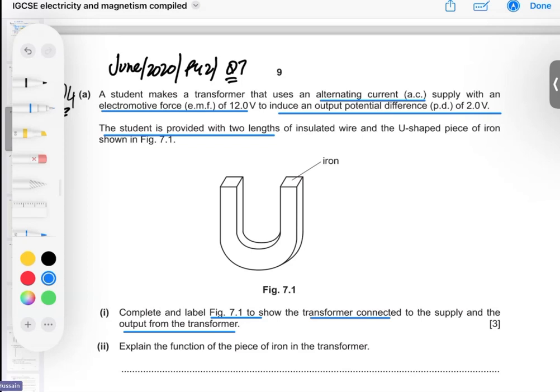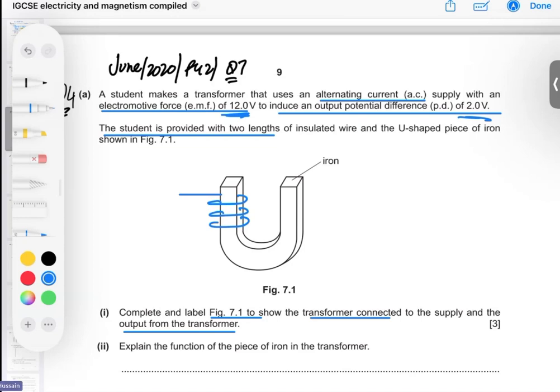So you had to mention the input and output, right? One way is that you make the coils like this, just as you have made. Okay, what type of transformer is this? 12 volts, and induces an output potential difference of 2 volts. So that means output is 2 volts.